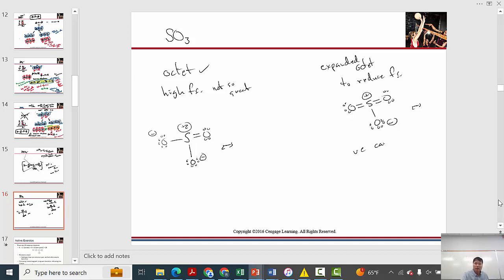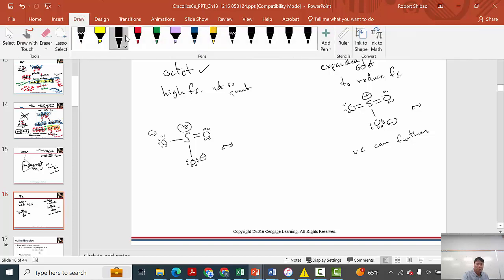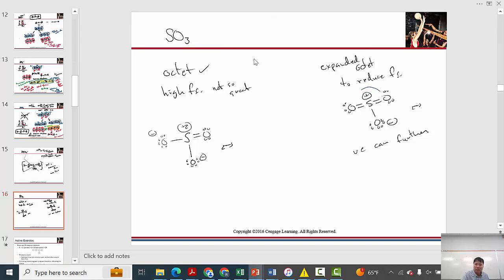We can further expand. This has an expanded octet because now sulfur has how many electrons around it? This is not good because we went from 8 electrons over here to 10 electrons, so we had to expand it.